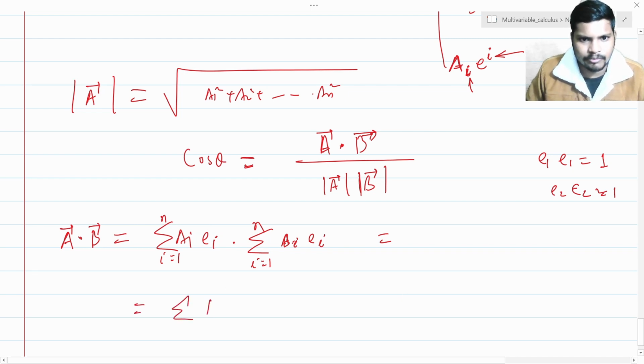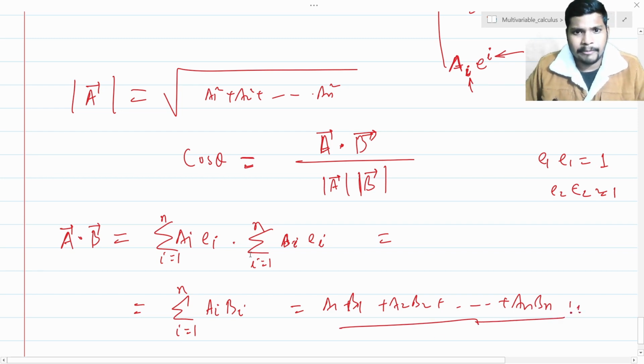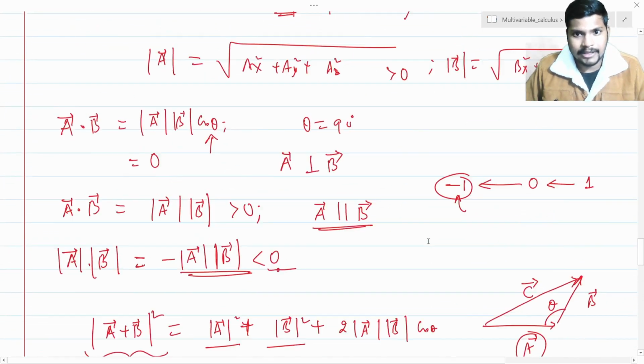Therefore everything would become the sum of ai bi, i equal to 1 to n, or in other words you can write a1 b1, a2 b2, and so forth and so on, an bn. So this is how the vector product is happening in n dimensions.